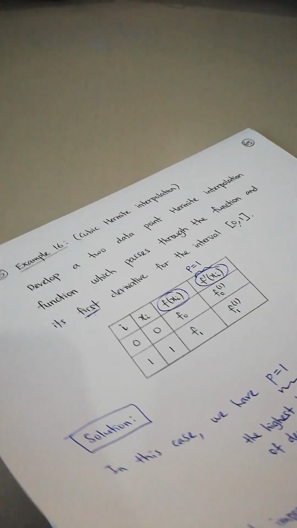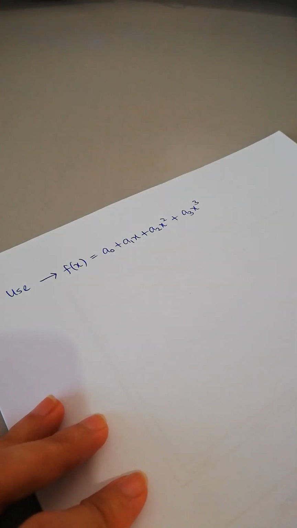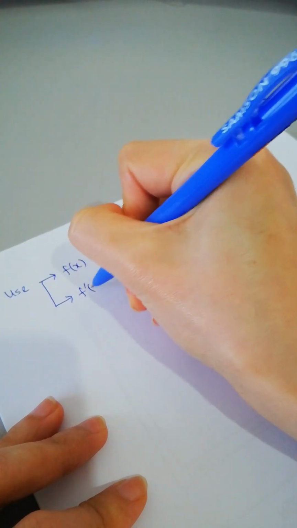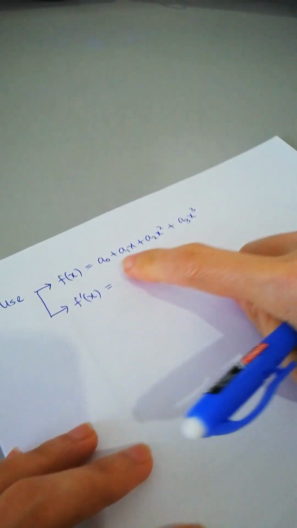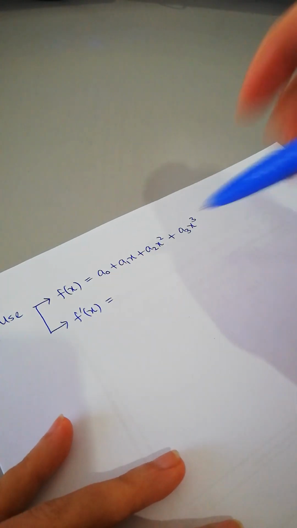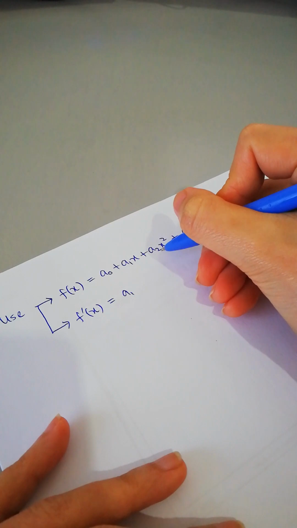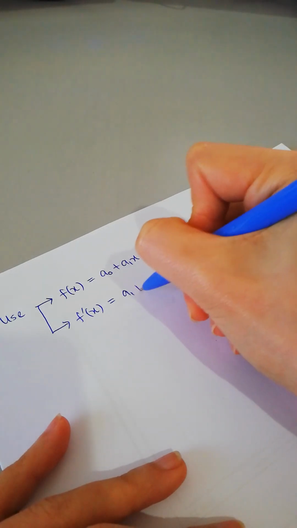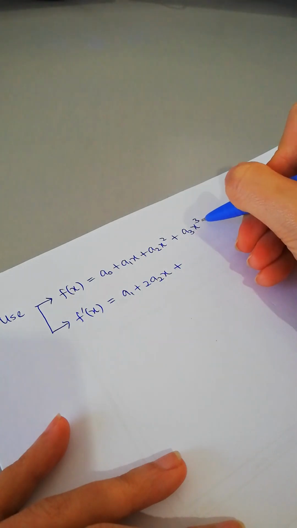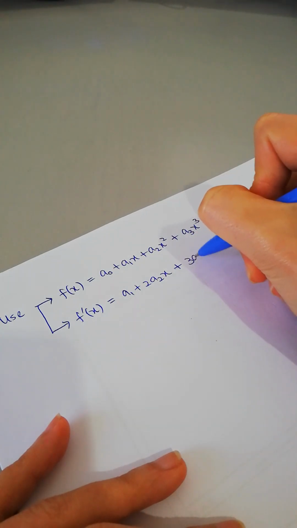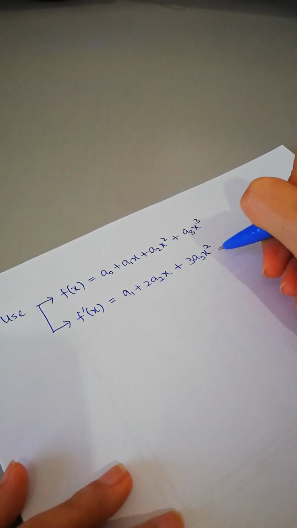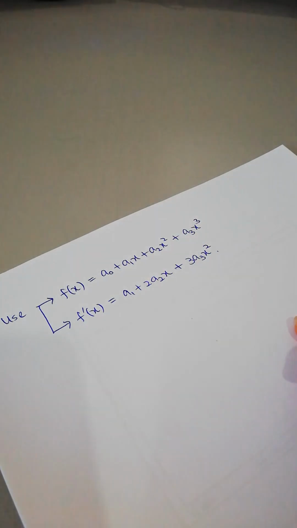So that means we need to find f prime. So now we have our f prime x, which is equal to, you differentiate a constant, a0 is a constant, you get 0, differentiate a1x, you get a1, differentiate a2x squared, you have 2a2x, when you differentiate a3x cubed, you have 3a3x squared. Okay, so we need to use these 2 pieces of information.